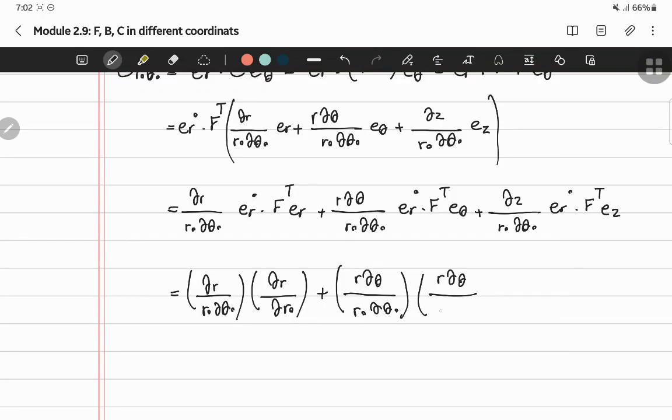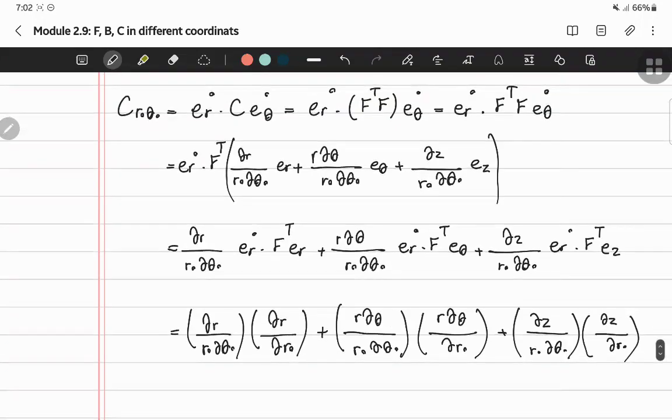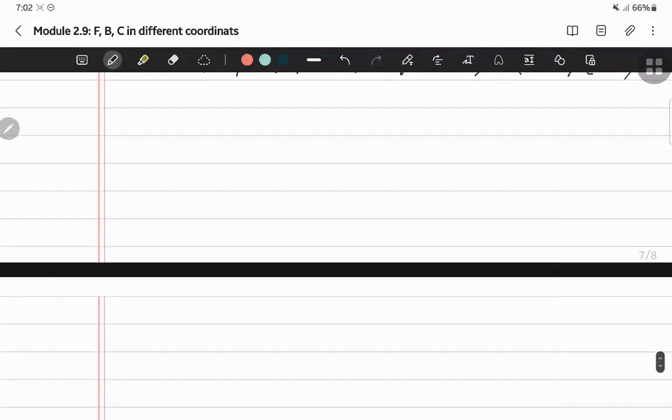All right. Then we have this. You can calculate the rest of the terms using this strategy.